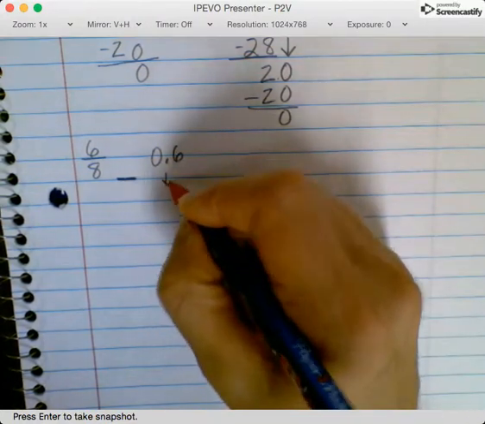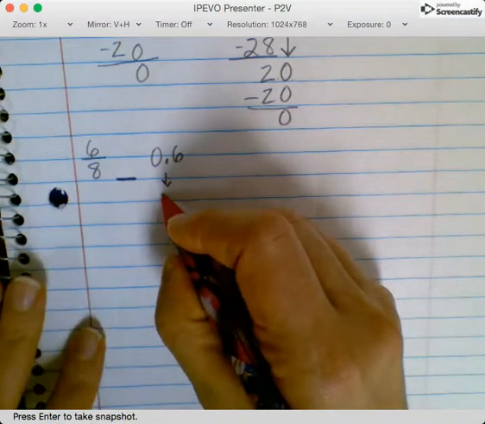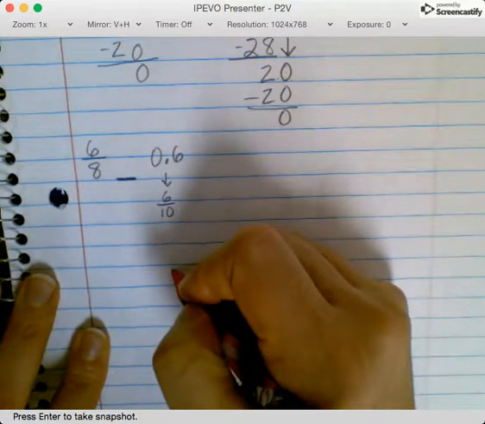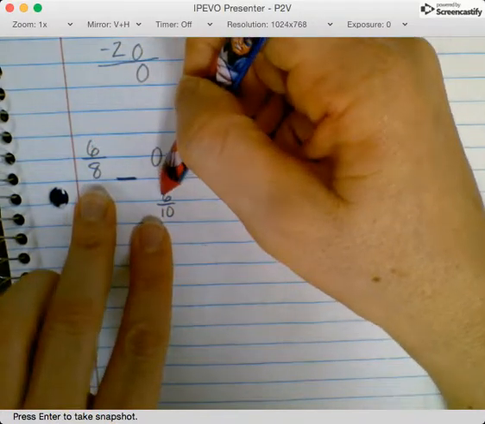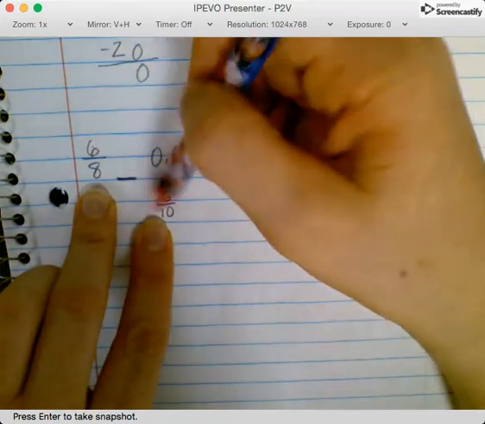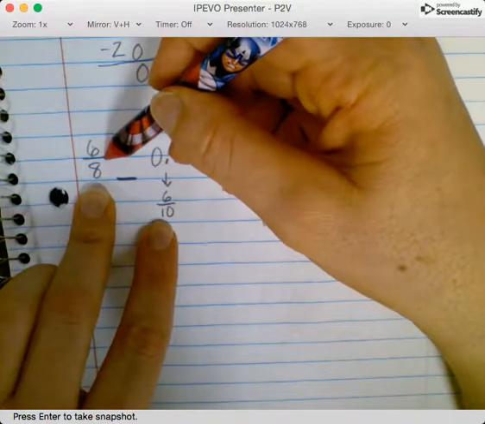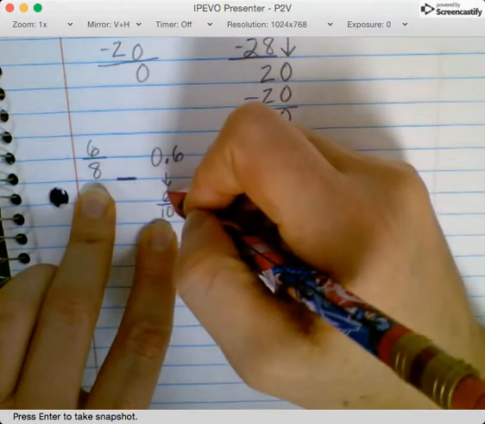For me, my 6/10, I know in my head this is like 6/10. And if I know 6/8 and 6/10, well, 6 pieces out of 8 pieces, the pieces are going to be bigger. So I could do that, and that would be a way to compare.